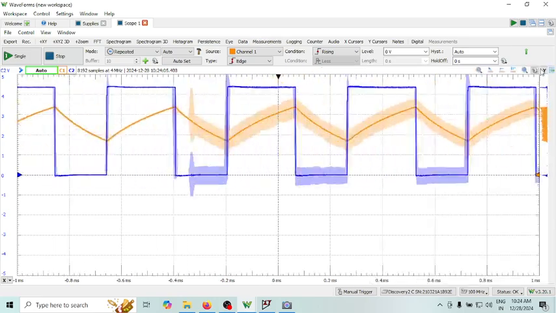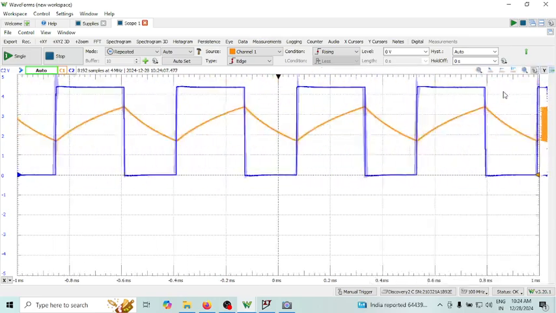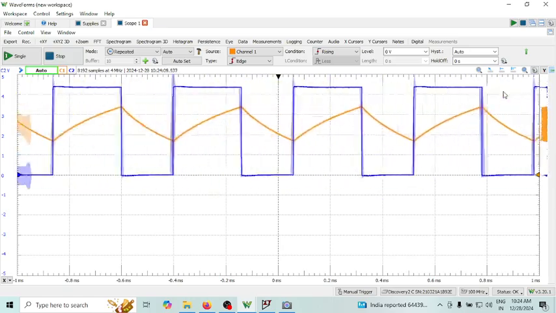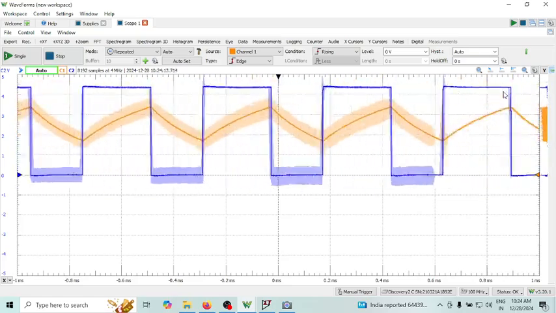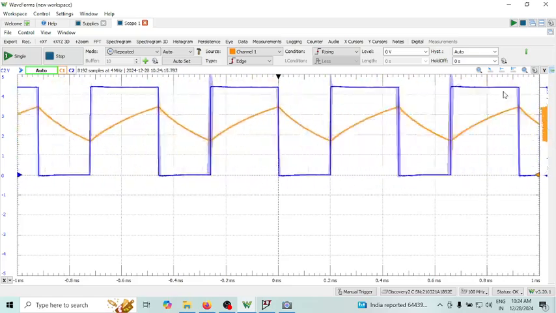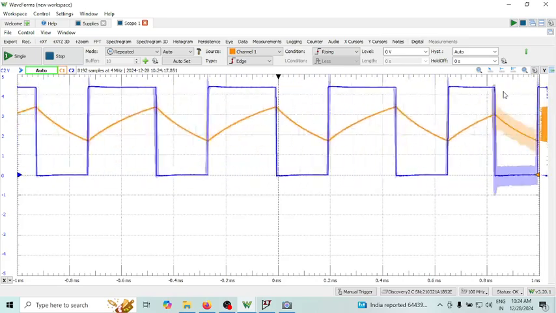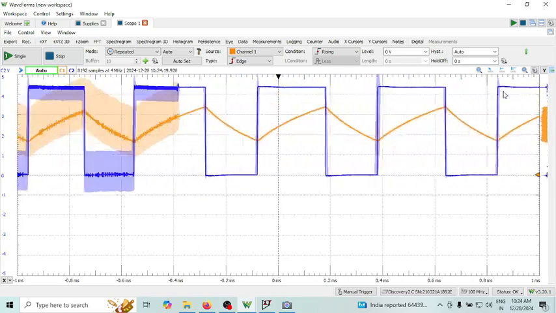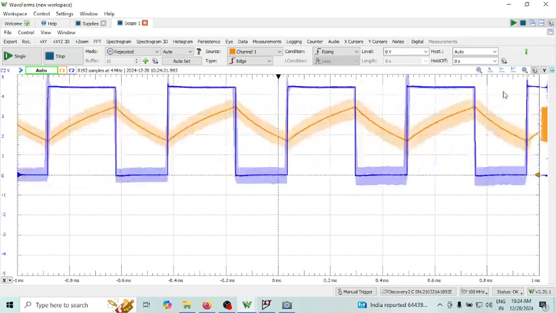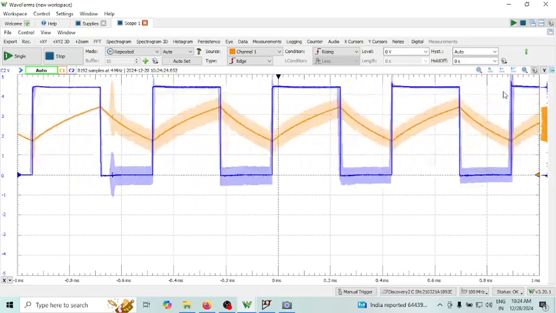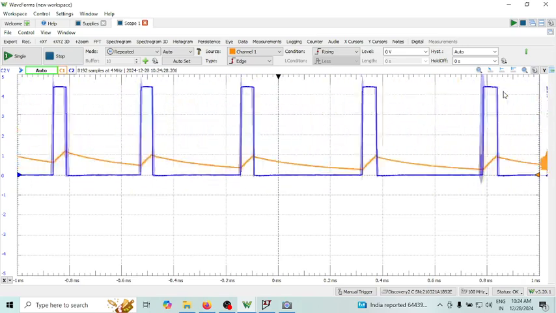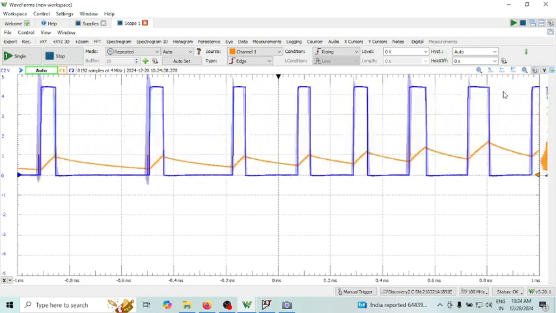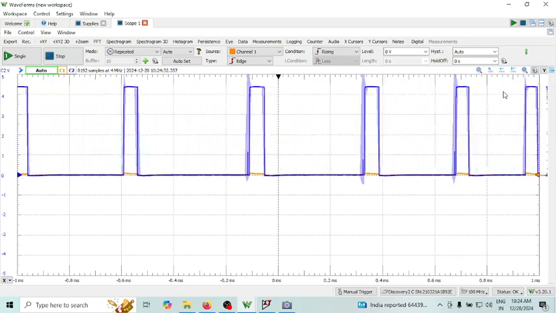I'll take this out and show you that pin number. Let me show you that sine wave.